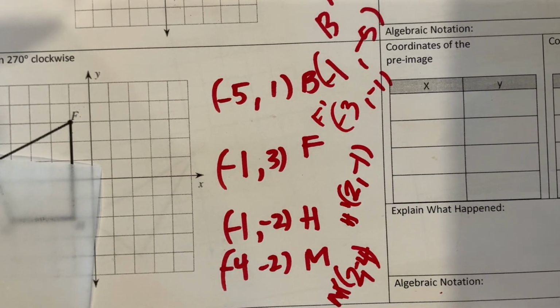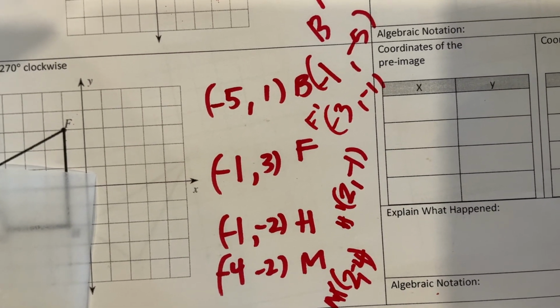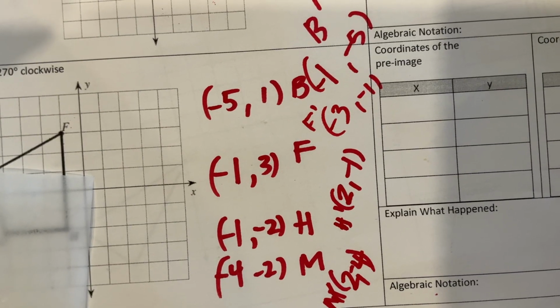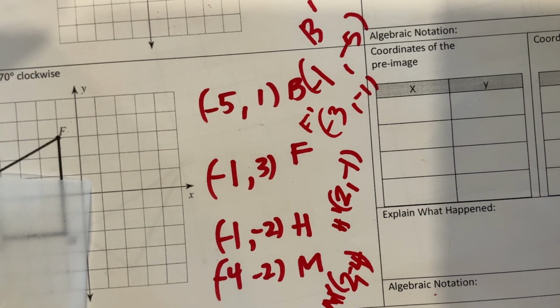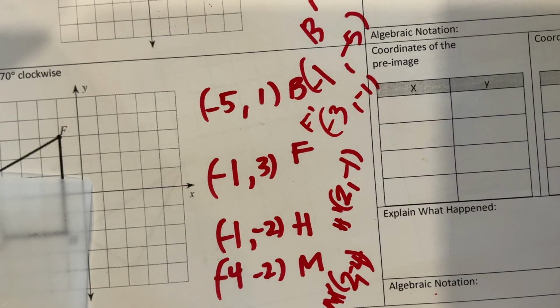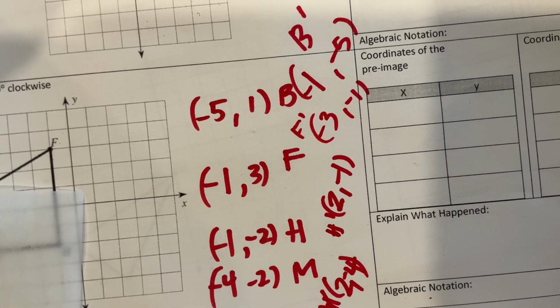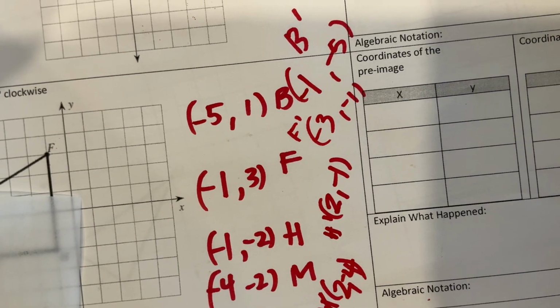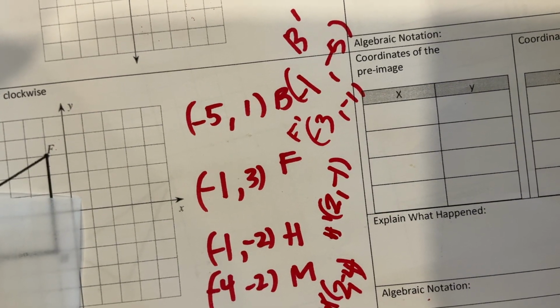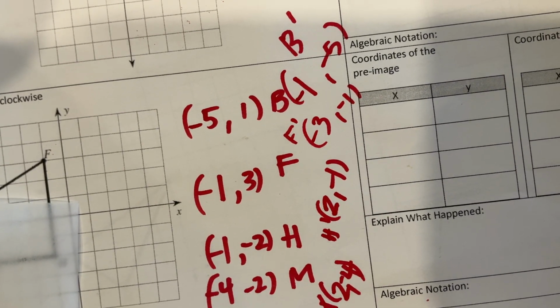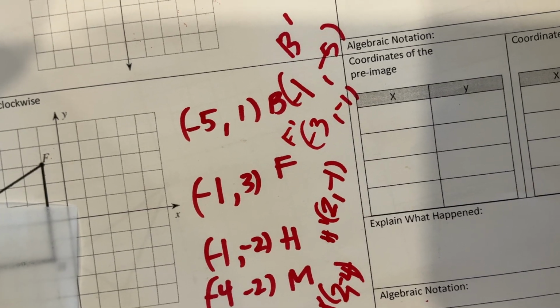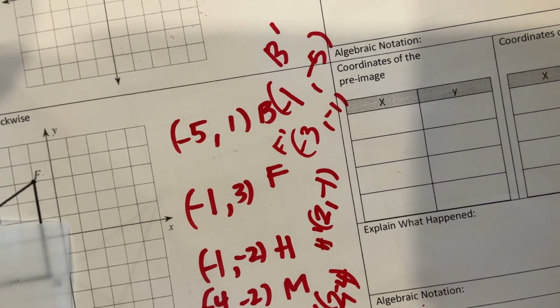So if you're noticing, the X values now became the Y, I shouldn't say values, I should say coordinates. So the X coordinates now became the Y coordinates, if you notice on each one of them. And your Y coordinates became your X coordinates, except it became negative.